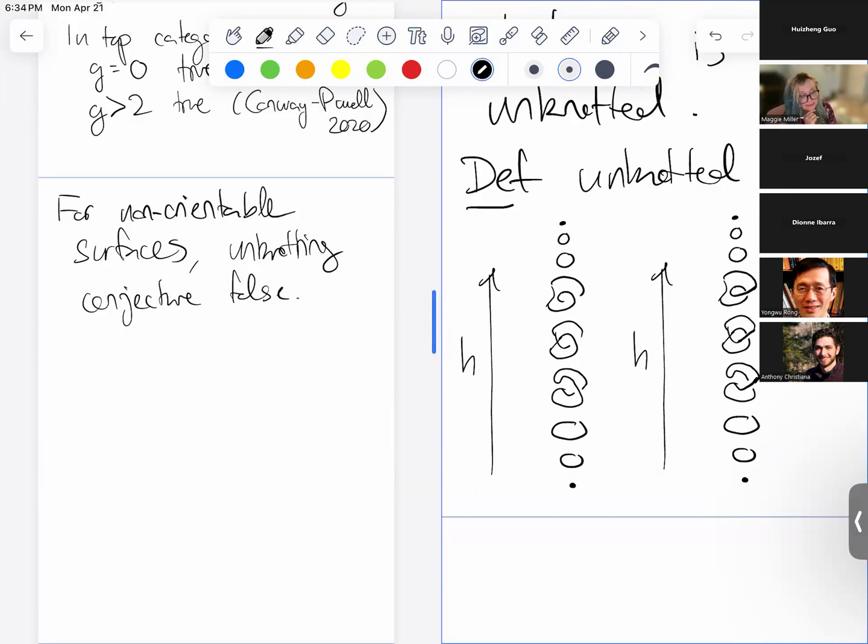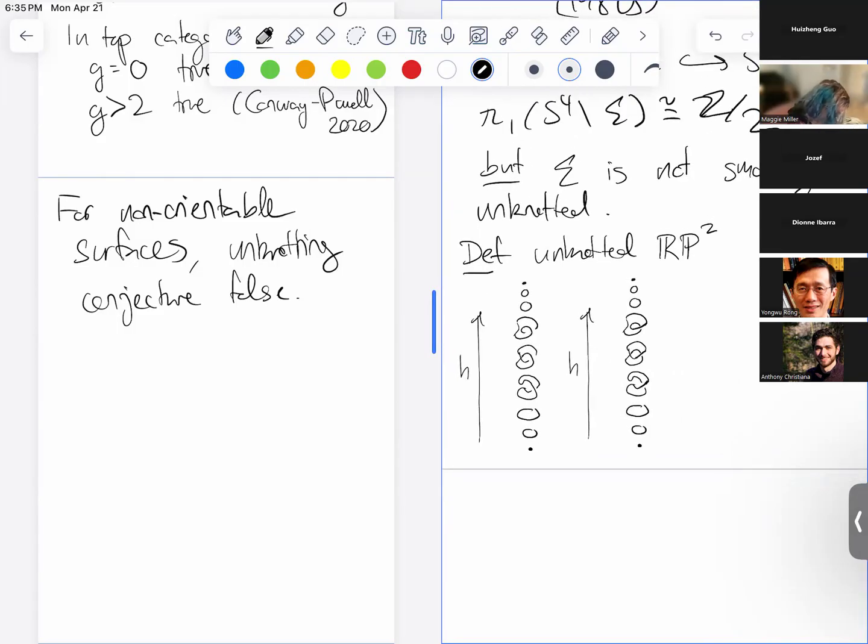The difference is their normal Euler number. One of them is positive 2, and one of them is negative 2, and I always get it wrong. So there's two of them, and they're just literally defined by this. One of these two. And then in general, if sigma is a connected sum of unknotted RP2s, then we say it's unknotted.